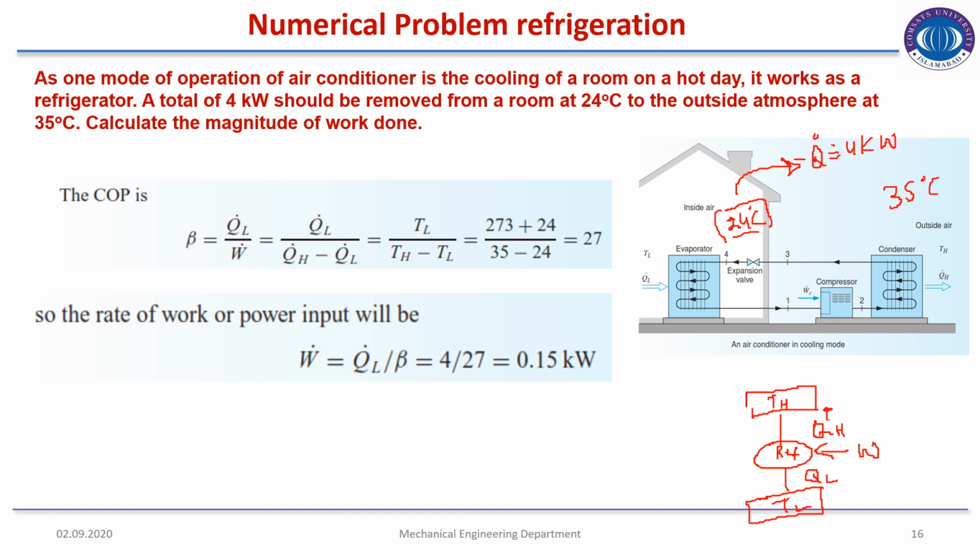So the rate of work or power input will be W dot is equal to QL divided by beta. QL is the heat removed from the room, that is 4 kilowatt. So 4 divided by 27, the rate of work or power input is 0.15 kilowatt or 150 watts.